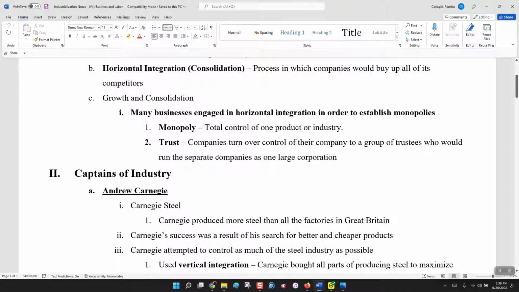Now, a trust is when two or more come together to own it. So let's say there's another company who also has a kind of monopoly on cars, and I have a kind of monopoly on cars, and we're going back and forth competing with each other, lowering prices, making the cars better. So you buy from me or you buy from them. At a certain point, the owner of the other company and I realize, why are we competing? Why are we fighting each other? Why don't we just come together?